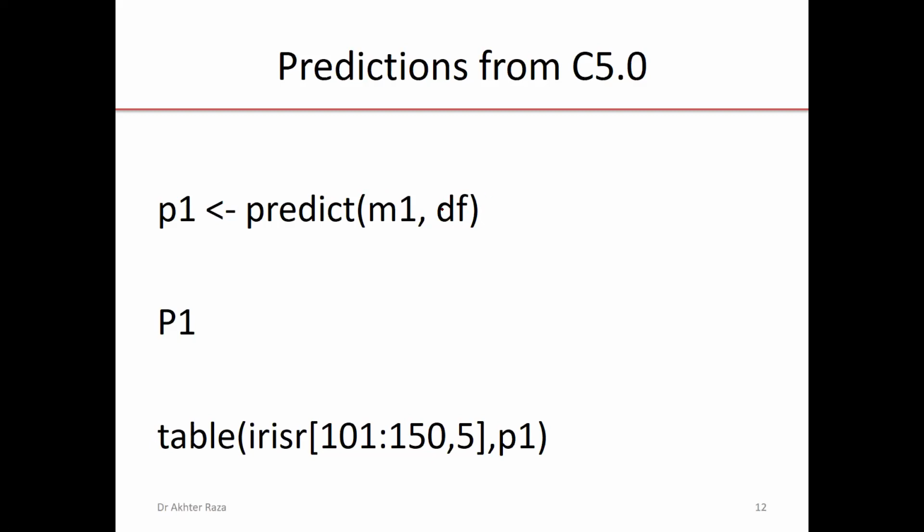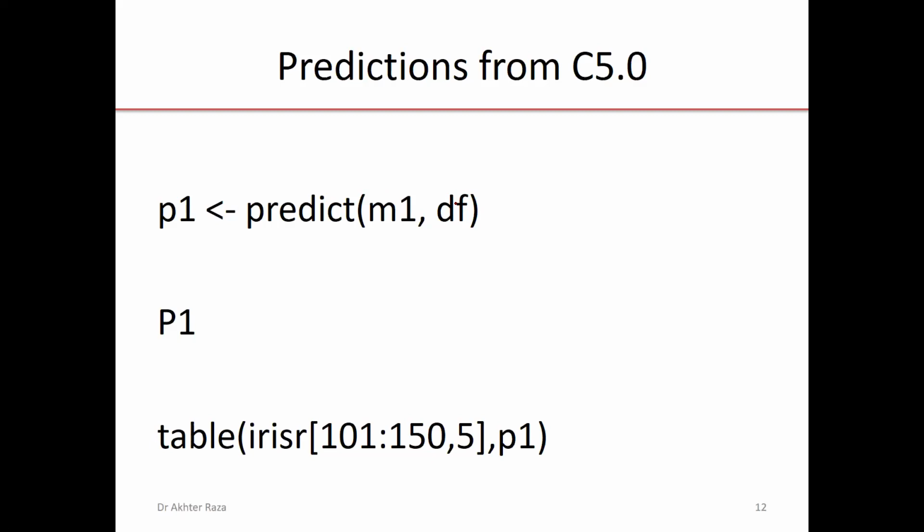So DF is a testing data set, but I have not created the DF first. So we should create the DF first, which contains the row number 101 up to 150.